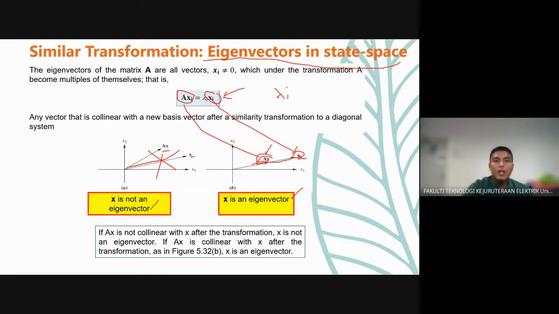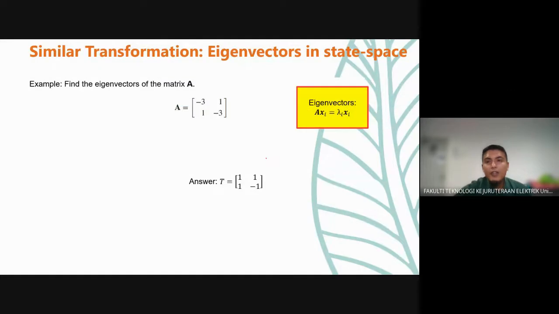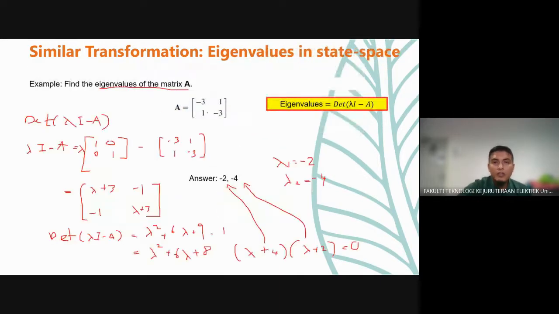So now how do we calculate eigenvectors? For the eigenvectors, you need to use this formula. You can see that this question is similar to the previous one. From the previous example, we know that lambda equal to -2 and -4.